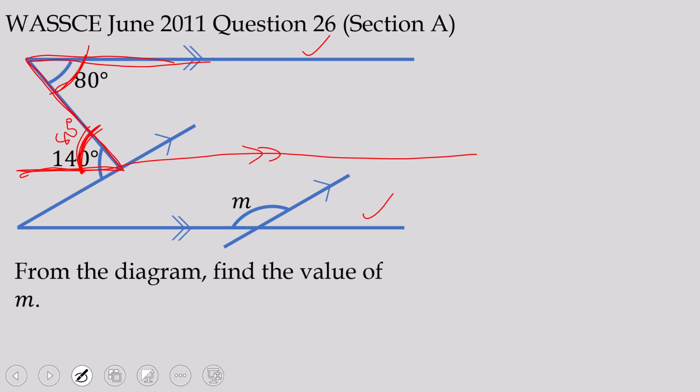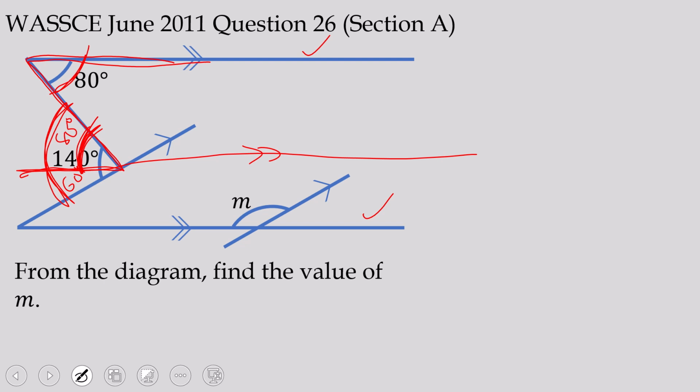Now take note, the 140 is for the whole thing. Okay. So if 140 is for the whole thing and this part over here is 80, then it means that the remaining is supposed to be for the other side. So therefore, this part is going to be 60. So that if I do 60 plus the 80, I get 140.